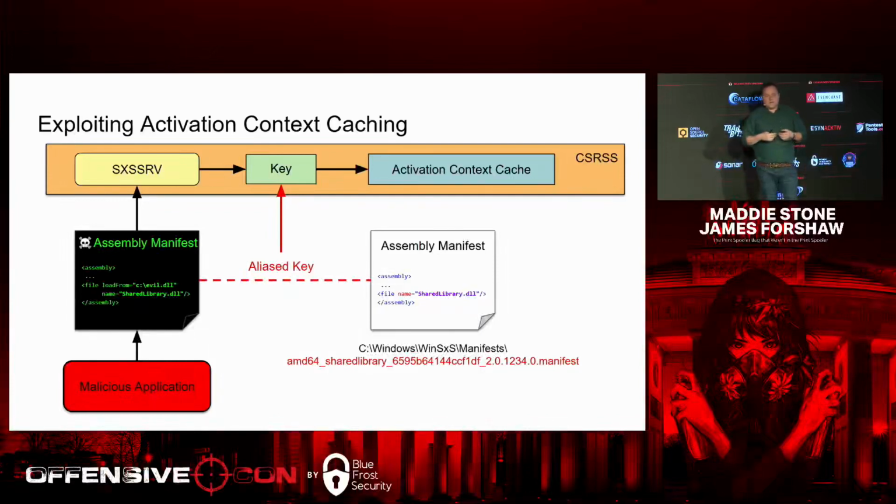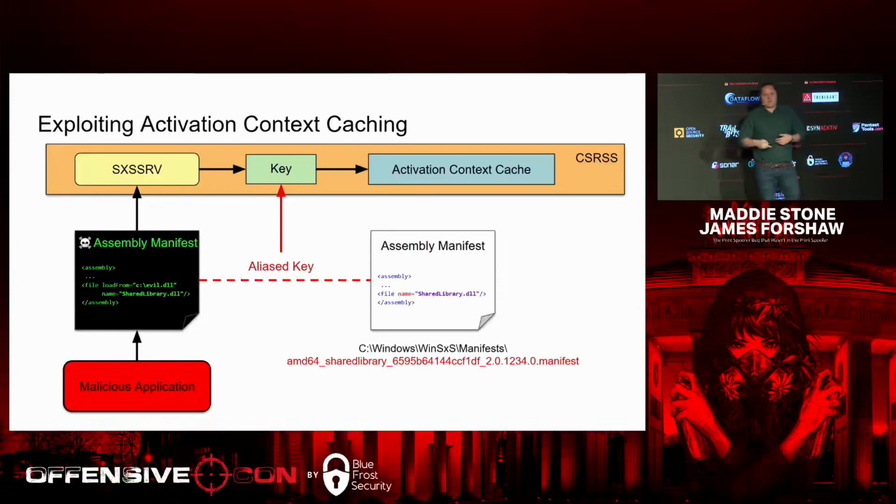And the problem with this, of course, from the Knotweed perspective, is that the key is not sufficiently secure, so that you can alias it. A malicious application can come along and alias an existing manifest which is in a secured location on disk, by aliasing that key and getting a malicious entry cached into the context cache.